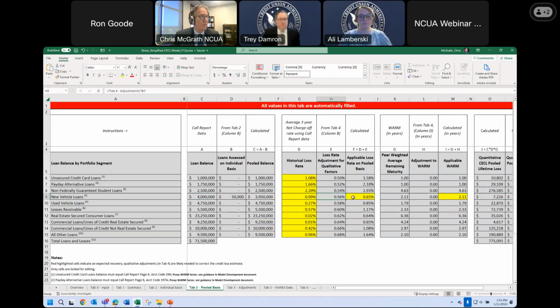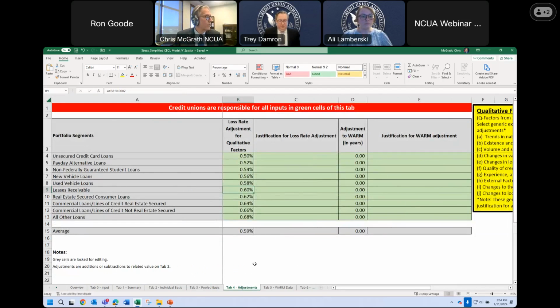Since CECL is forward-looking, and this is a historical rate, we need to think about, hey, what's going to happen in the future? So tab 4 is where we make our qualitative adjustment to both loss rates and to the life of loan, warm factors.